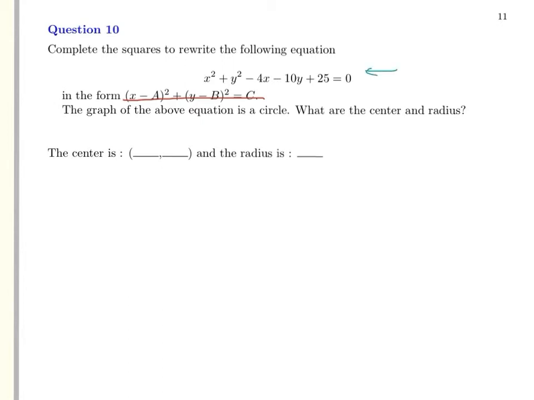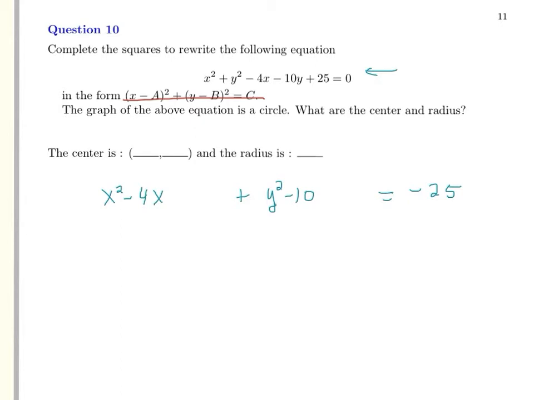So we'll just group the x terms together. So we have x squared minus 4x, and then we'll leave a little room, and then we have y squared minus 10y, and then the 25 we'll subtract from both sides of the equation and write equals minus 25. So that's equivalent to the equation that I'm given.